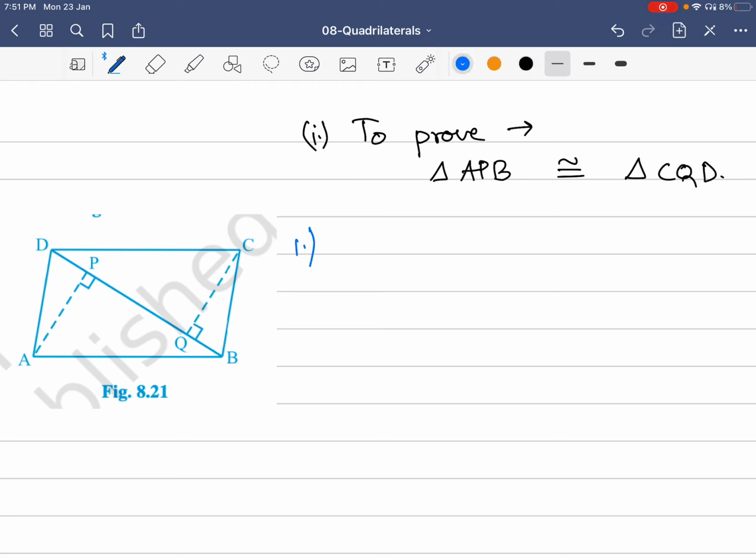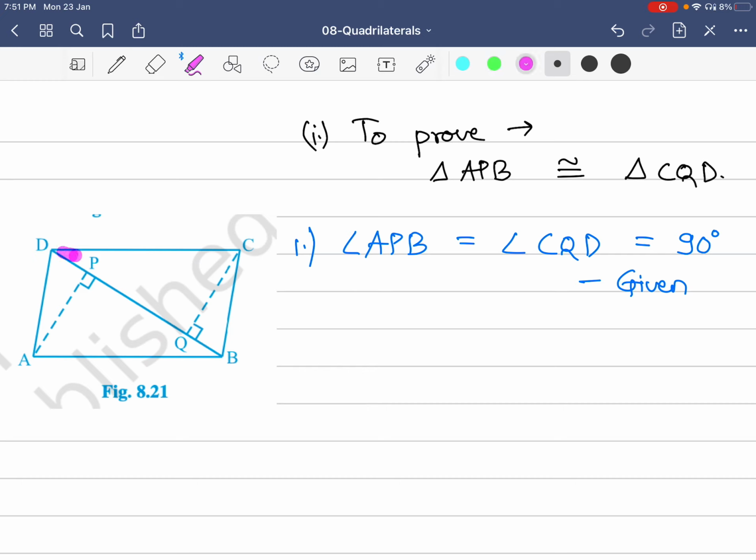So point number 1, angle APB is equal to angle CQD, which is equal to 90 degrees. Why? Because this is given. This is how the construction has been done. Those two lines AP and CQ are perpendiculars to the diagonal, so the angle is going to be equal, which is 90 degrees.